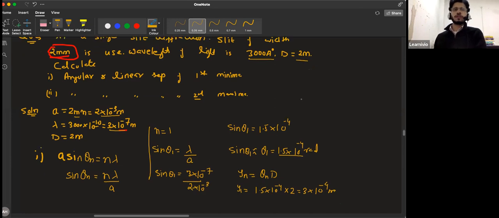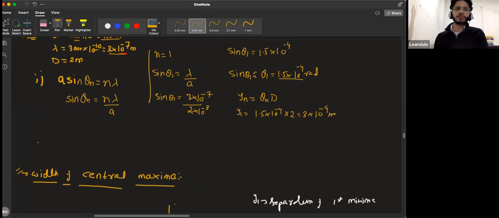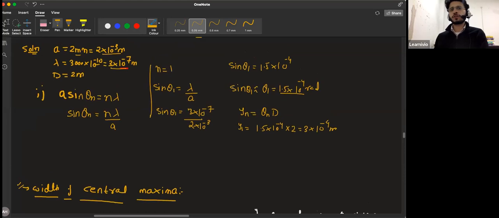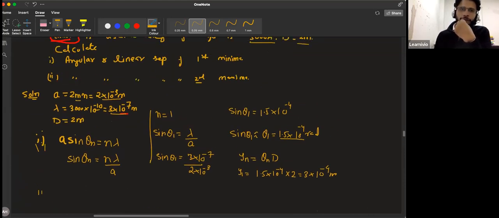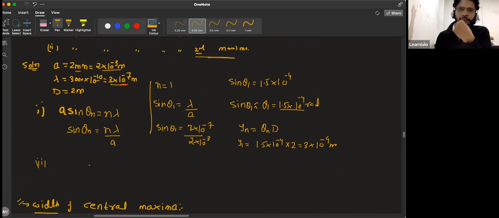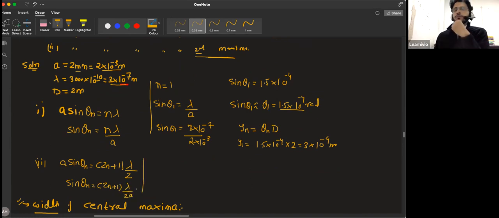Okay, the second part of the question is asking you to calculate the condition for the maxima. For maxima, the condition for path difference is a sine theta n equals 2n plus 1 lambda by 2. So you can say that sine theta n is 2n plus 1 lambda by 2a.